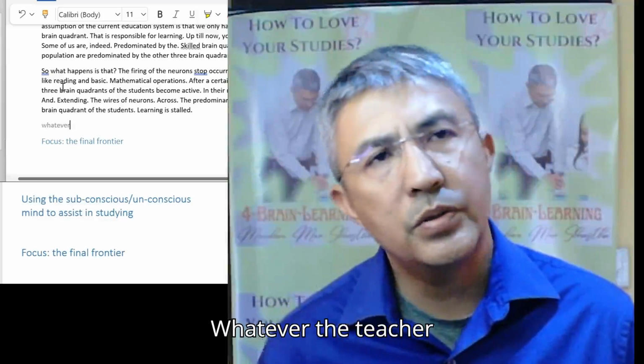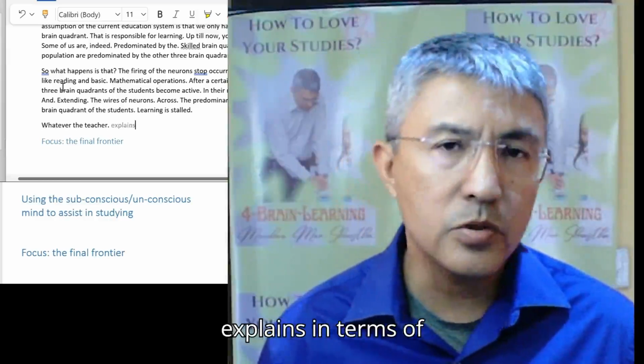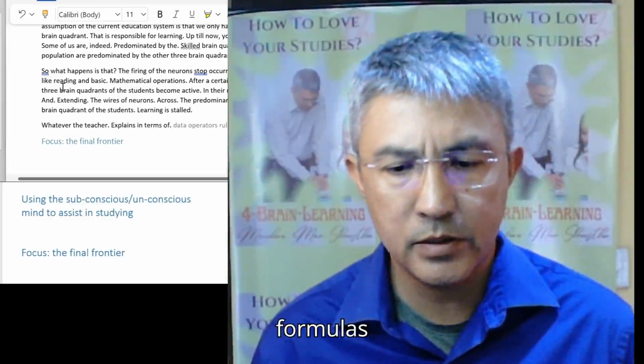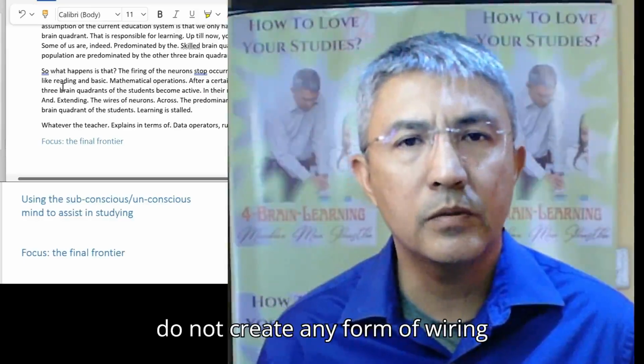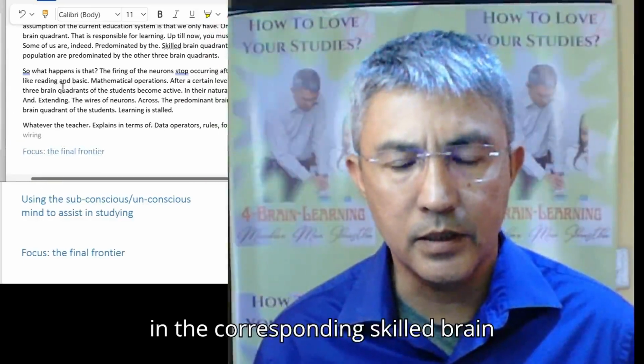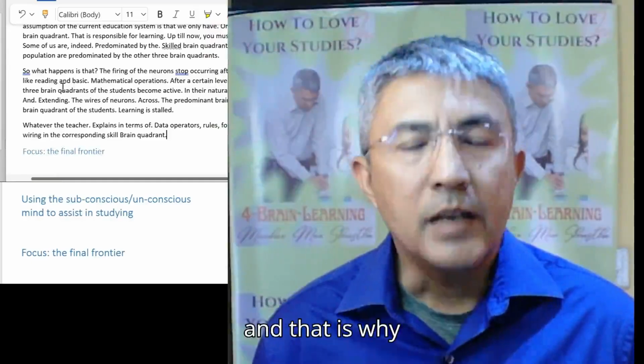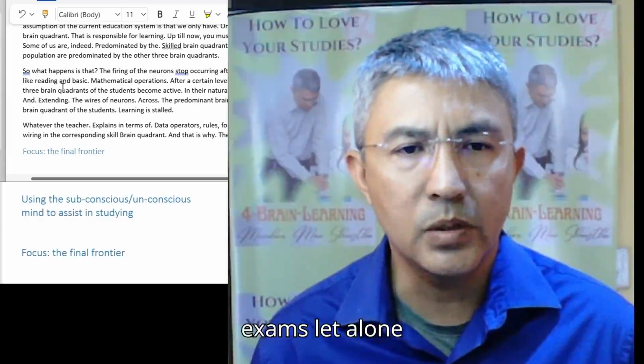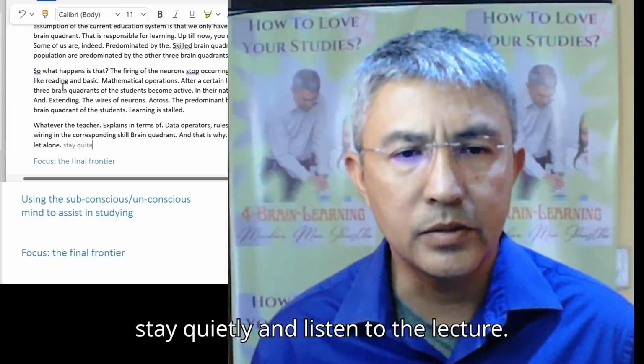Whatever the teacher explains in terms of data, operators, rules, formulas, do not create any form of wiring in the corresponding skill brain quadrant. And that is why the student cannot pass the exams, let alone stay quietly and listen to the lecture.